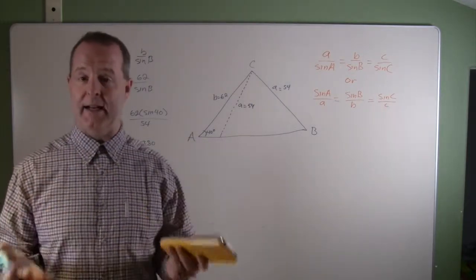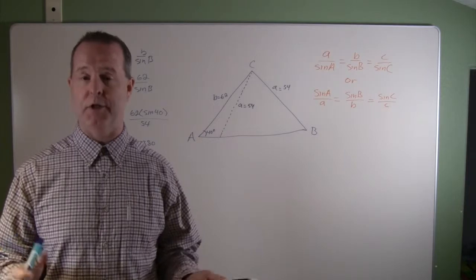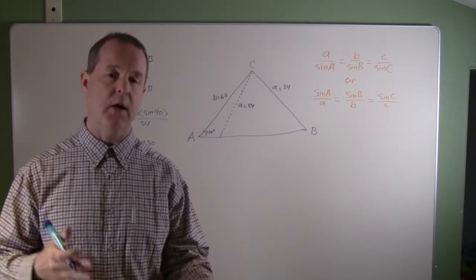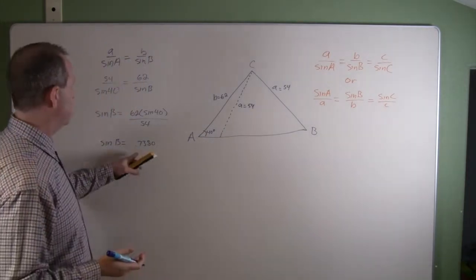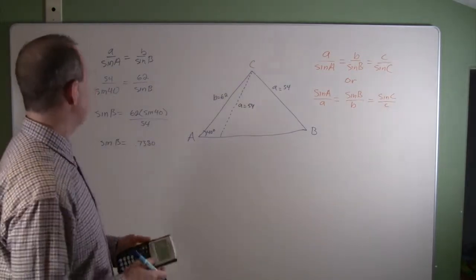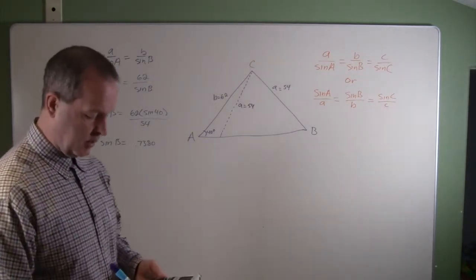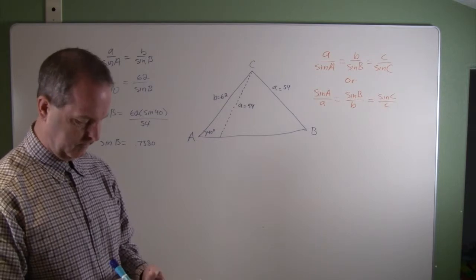And I know that that produces two different options. There are two angles between 0 and 180 degrees that produce a sine of 0.7380.